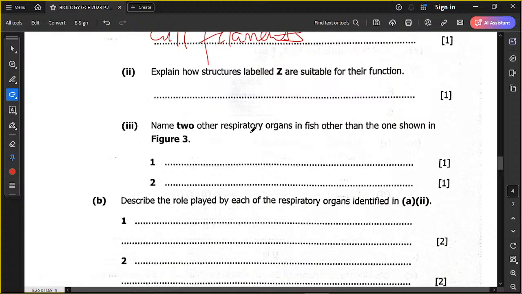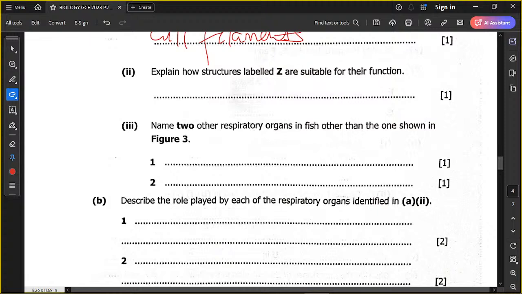So here, it's 1 mark. That means you need to give 1 structure. But for the sake of our viewers, we can give them 2. So pick 2 that you can give us. It has a lot of capillaries, increasing the surface area.